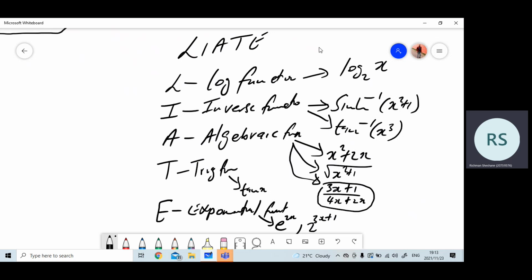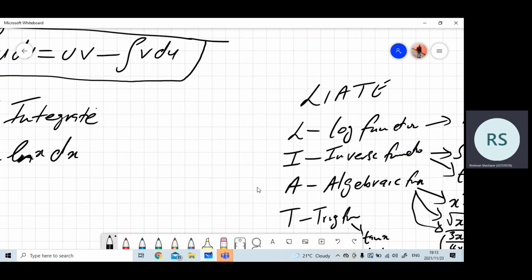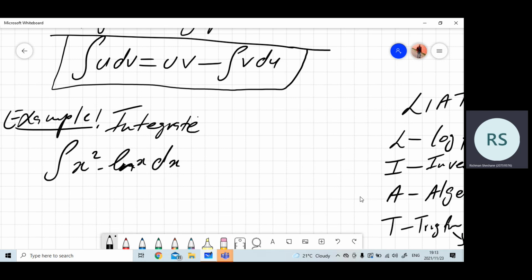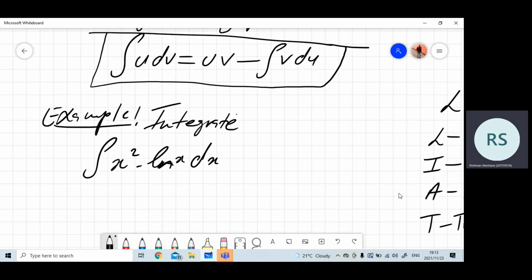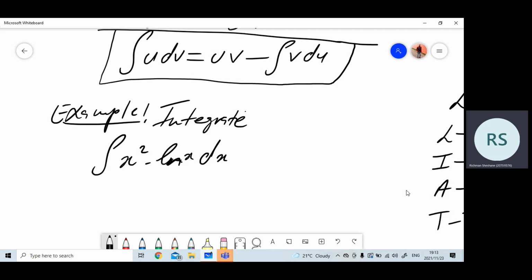I'm saying to you, we use this name to choose what will be u and dv from this formula in our given integral. Let's use this name here. We want to use this formula now to integrate our function.